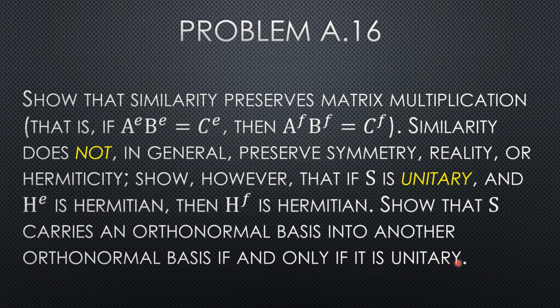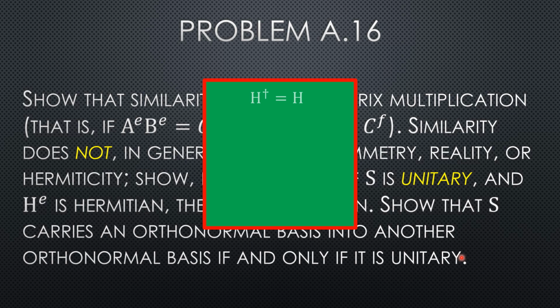Very important. Let's review some terms. For something to be Hermitian, we need that its dagger, or adjoint, conjugate transpose, however you want to term it, equals the original matrix. For something to be unitary, we need the dagger to be equal to its inverse.